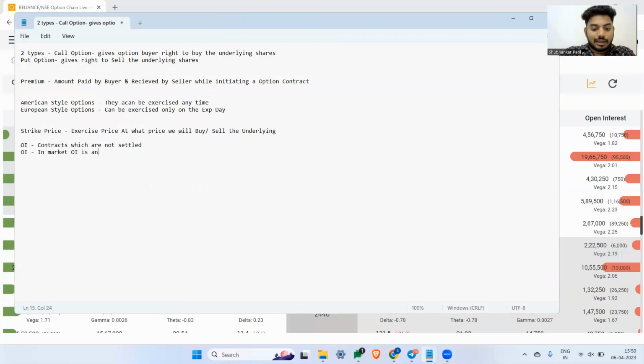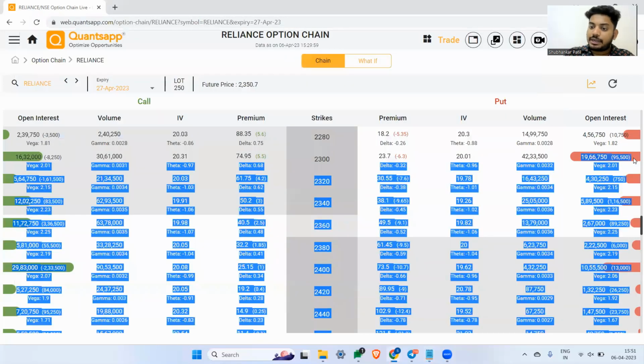OI is analyzed from the option writers' point of view, which brings us the highest put support and highest call resistance. In Quantsapp, these data points are much simpler. All you need to do is look at the biggest red bar.